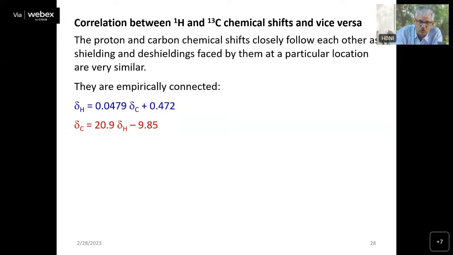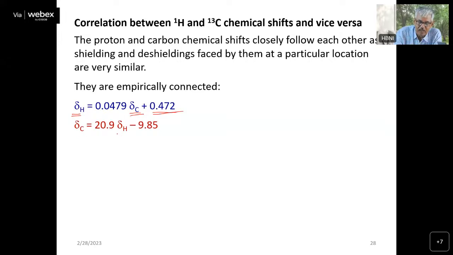If you know the chemical shift of carbon, the proton chemical shift attached to that carbon will be 0.0479 delta C plus 0.472. You will get an approximate value. If you know the carbon-13 chemical shift, you will get the approximate value of what should be the chemical shift of that proton attached to that carbon.